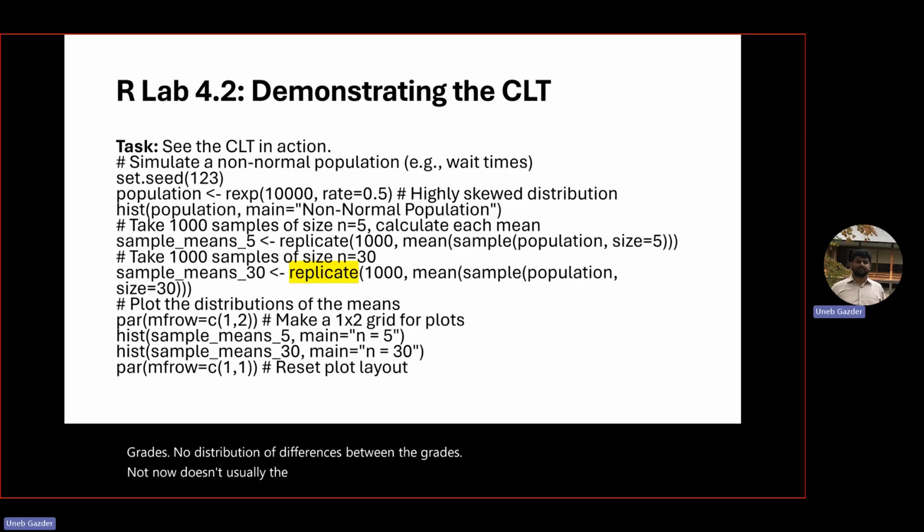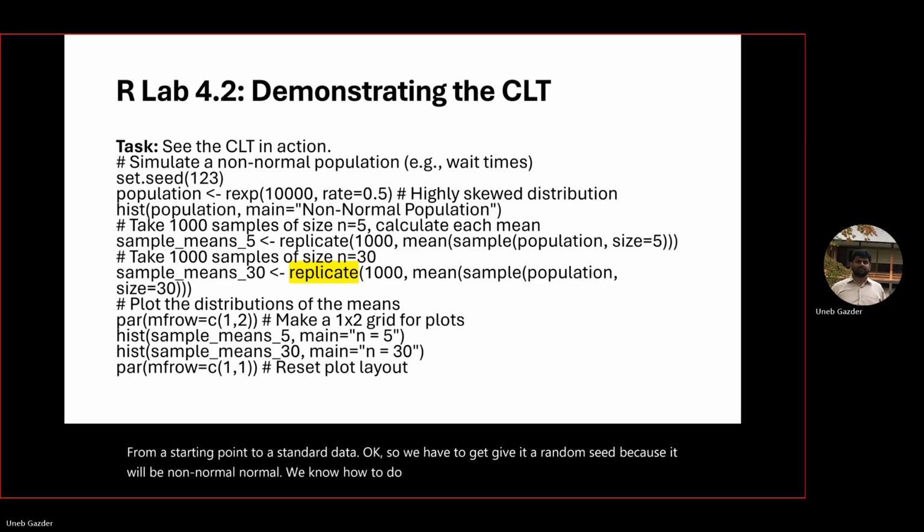Okay. So let's say we are simulating a non-normal population, which could be waiting times. Set seed is just a starting point for random values. It's random data, so we have to give it a random seed. Normal we know how to do, from the previous example. This is for non-normal.